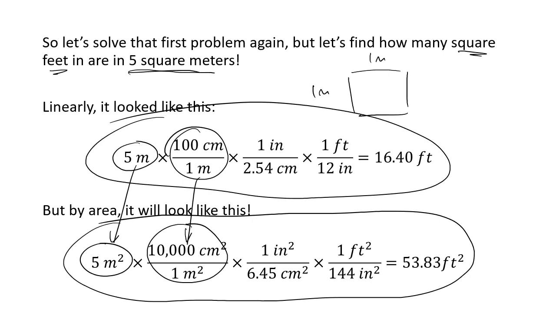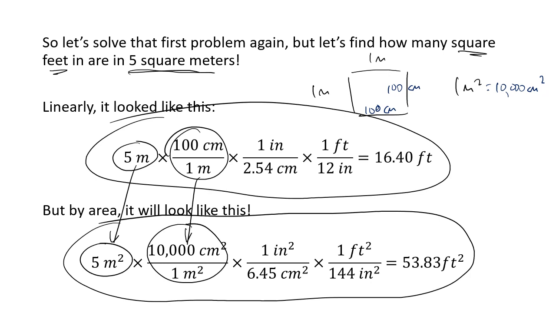So that's my 1 square meter. But if I also do it as 100 centimeters by 100 centimeters, which is the equivalent of 1 meter, then the area here is going to be 10,000 centimeters squared.